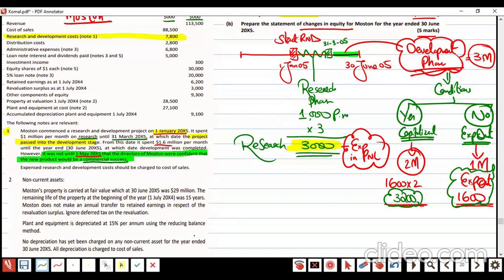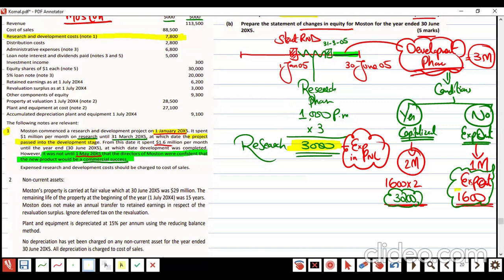We need to have the life of the asset. Is the life of the asset given or no? No. If the life is not given, we will not be able to find out the amortization. Otherwise, we would definitely calculate the amortization.